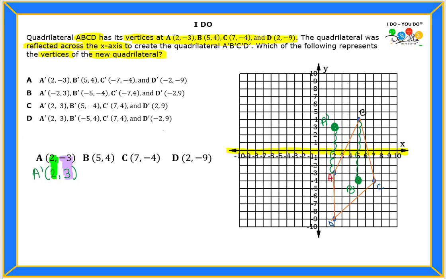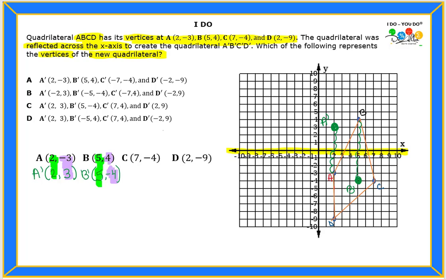And that point is at (5, -4). So notice what happened. The x coordinate stays the same. The y coordinate is the opposite. It was a +4 and it became a -4, right?